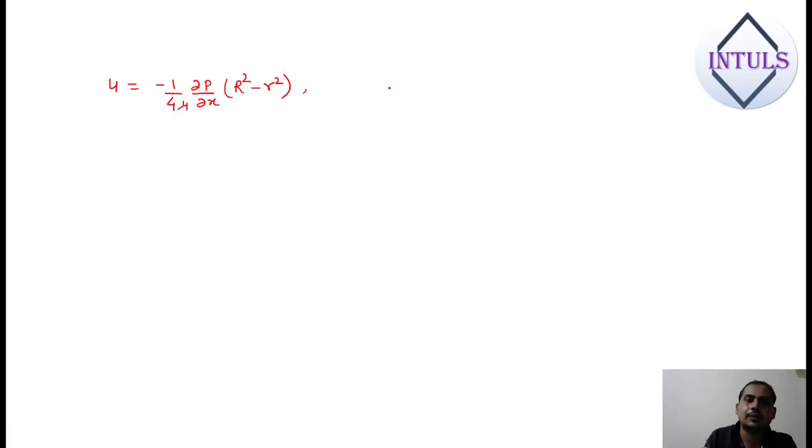Suppose this is the pipe, and velocity is maximum at the center. Here the velocity is 0, here the velocity is 0, and here velocity is maximum.